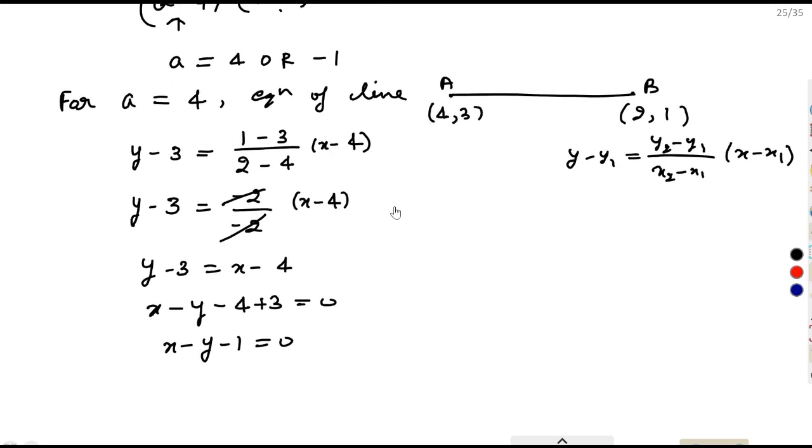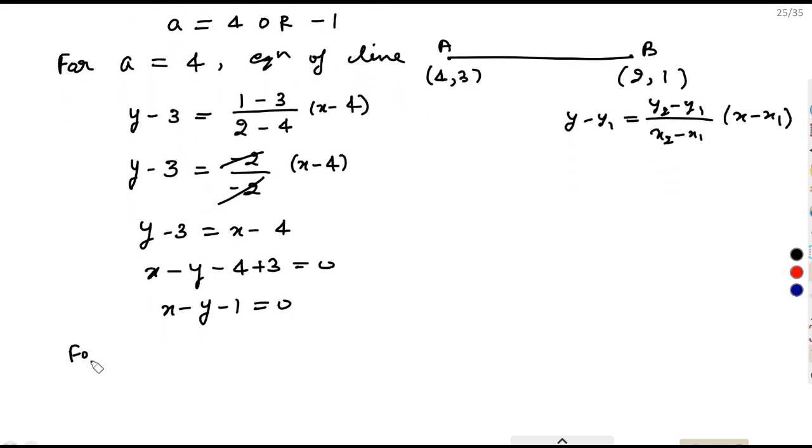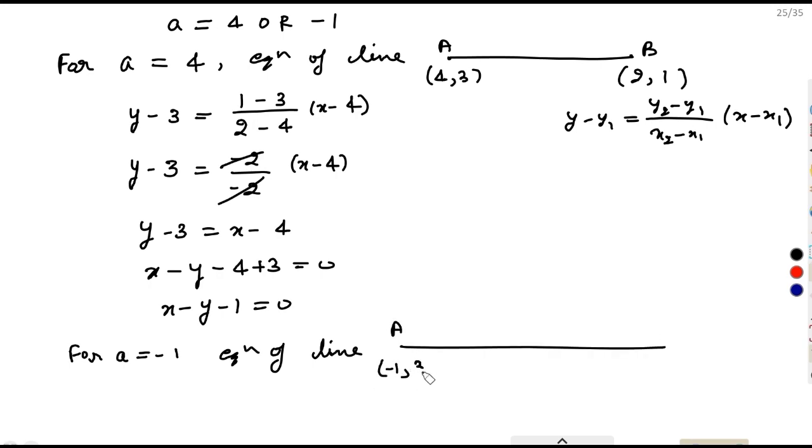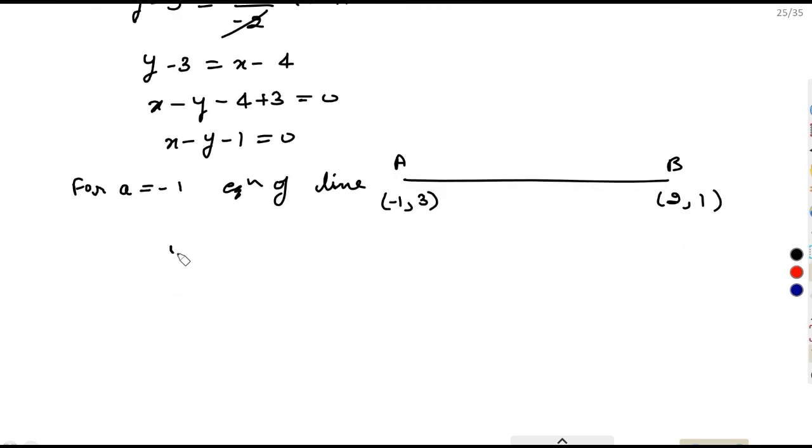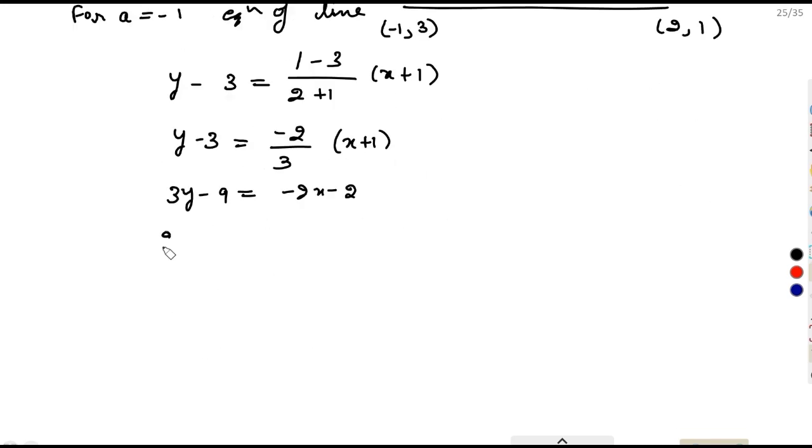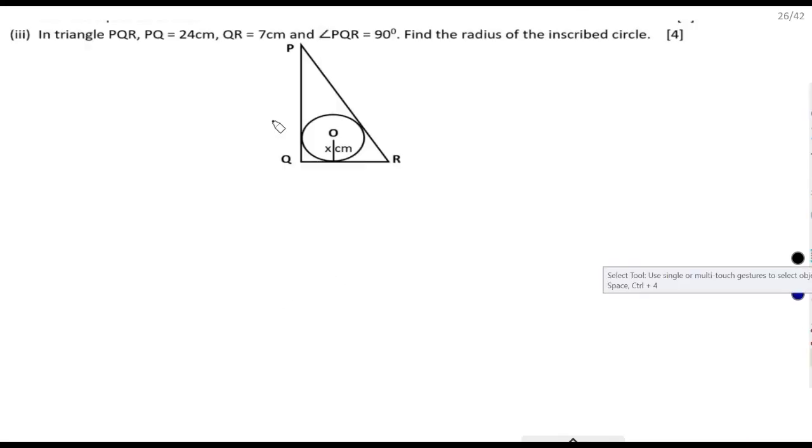Now for A is equal to minus 1, point A will be minus 1, comma 3. Apply the same formula. Two x plus 3y minus 7 is equal to 0.